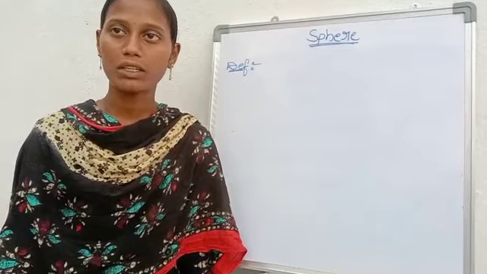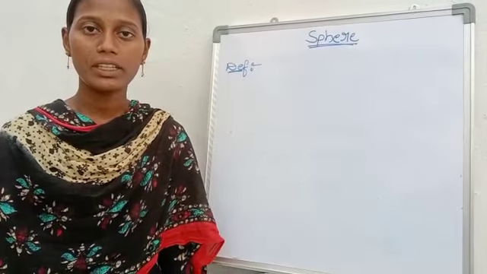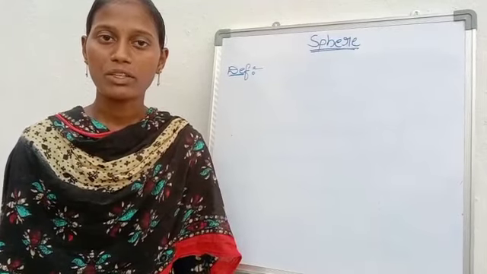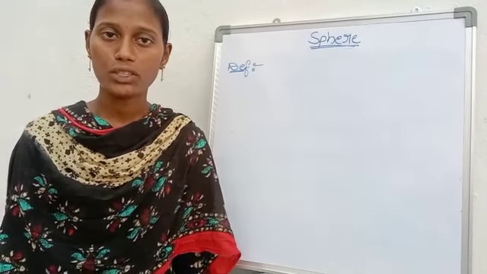Today we will discuss about sphere. What do you mean by sphere? The definition of the sphere: the locus of a point which remains at a constant distance from a fixed point is known as a sphere.